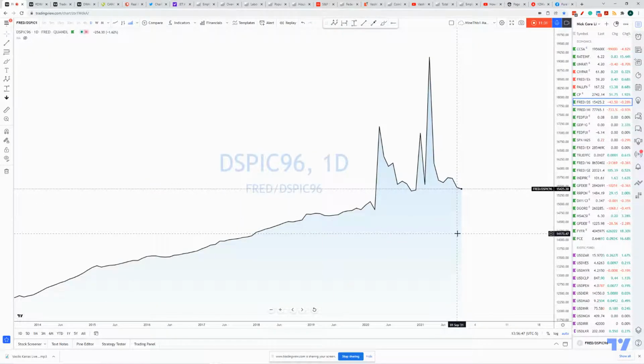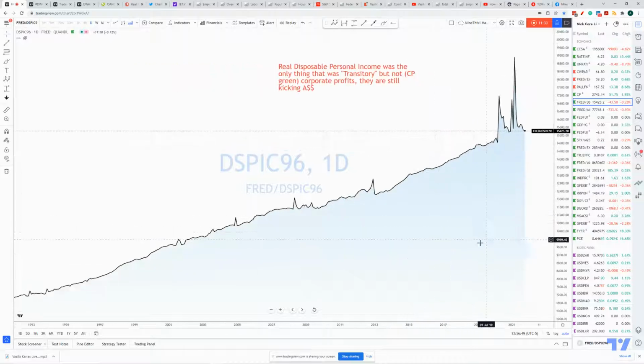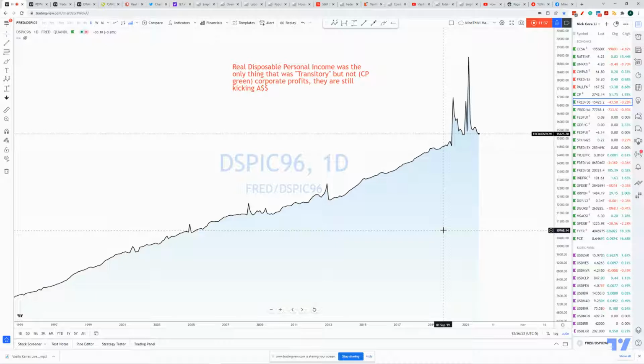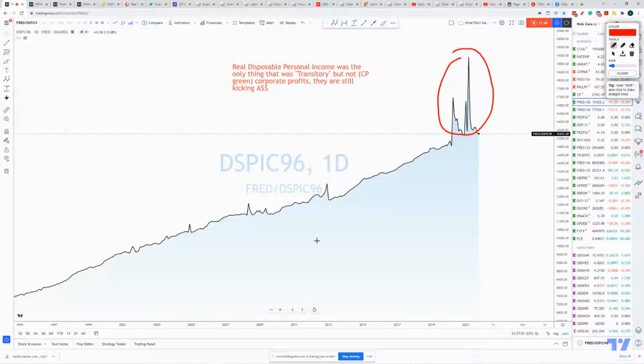Taking a look at the real disposable personal income. Real means inflation adjusted, and what you see is it's right back to its normal trend. Okay, there was a big bump, free money for all, but the trend is, right.